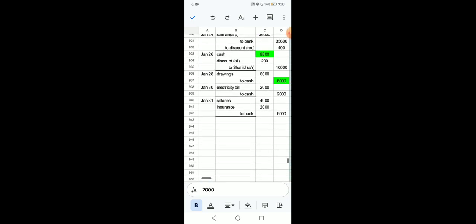Next entry, January 30. Yes, cash is present, 2,000 on the credit side. We'll go to the credit side and write 2,000 in the amount column. After writing 2,000, let's see what was its reference. Cash was written; electricity bill is written on the opposite side.